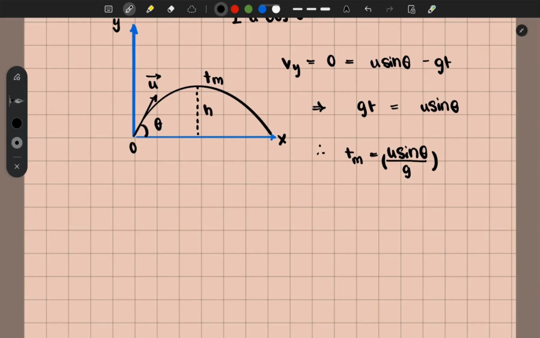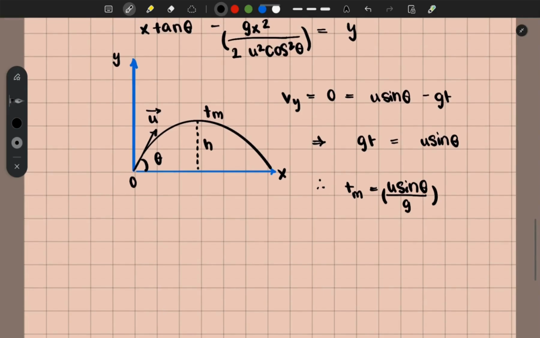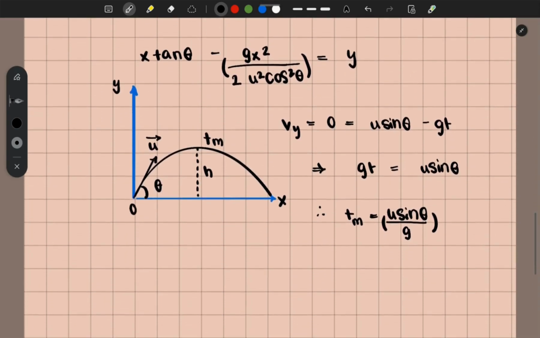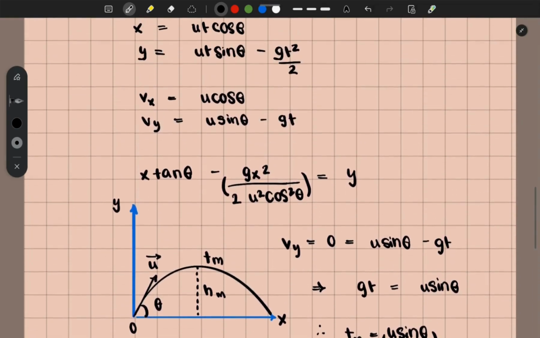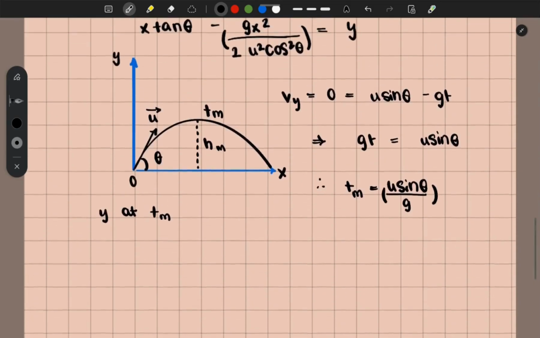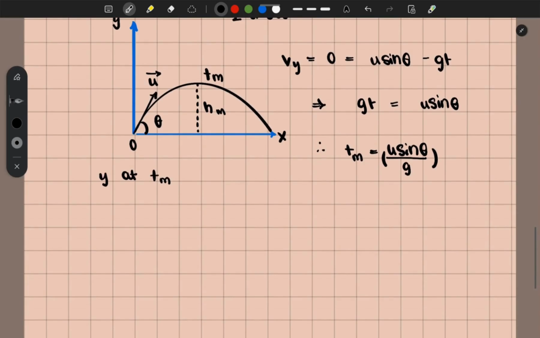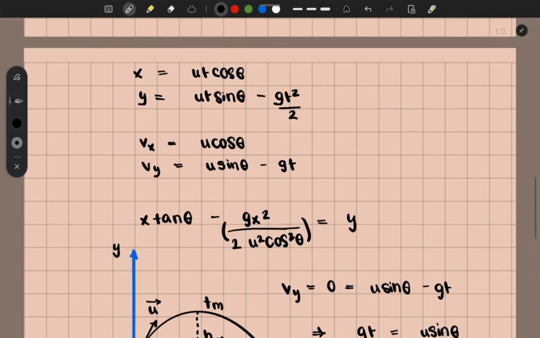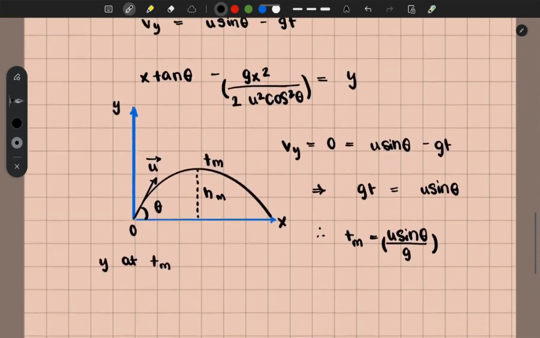So let's find what height it actually reaches. Let's call that hm, the maximum height. To find the maximum height the projectile will reach, at Tm, we plug t into the equation for y.